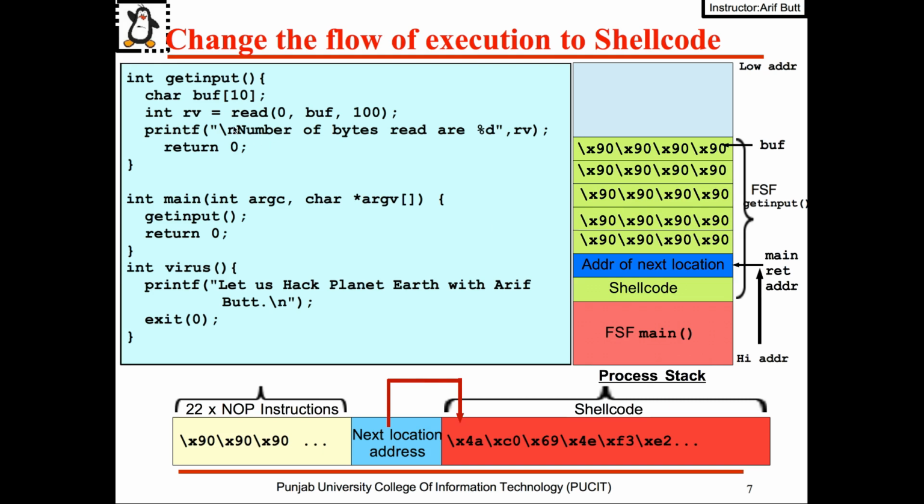So when this get input function returns, instead of returning to the main function or maybe the virus function as we have seen before inside the code section, it will return to our shellcode residing on the stack, and we'll try to execute this.